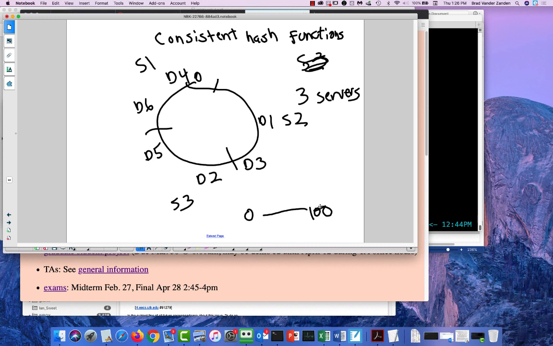So if server 2 goes down, you could reallocate all of its things: server 1 goes from here all the way to here, and server 3 goes from here to here. Now that's not very good because server 1 got all of server 2's tuples.